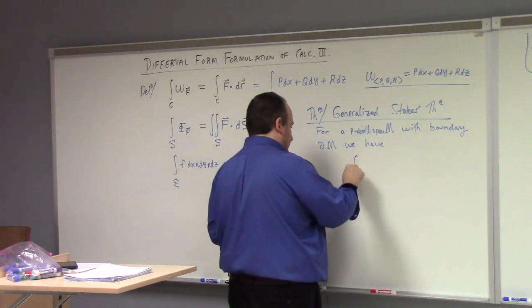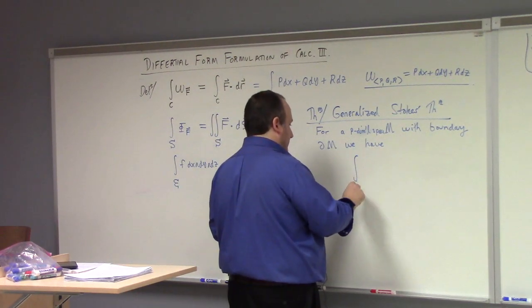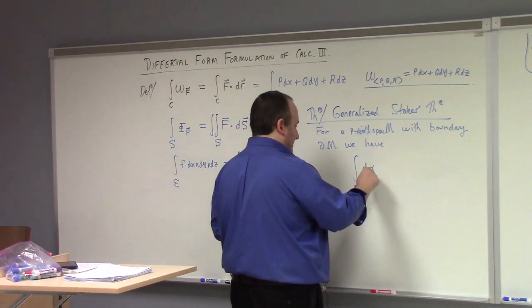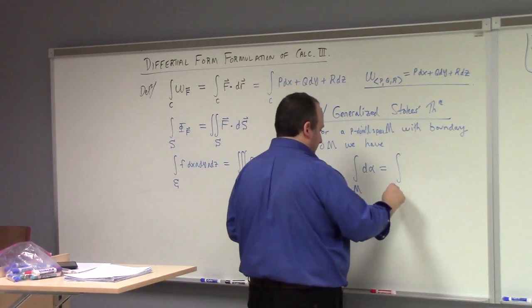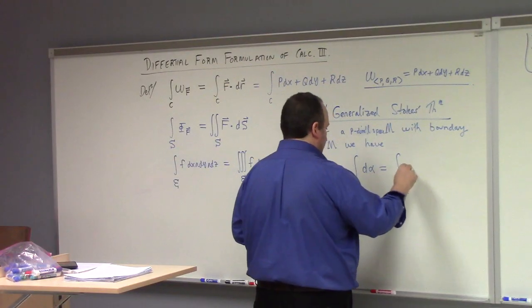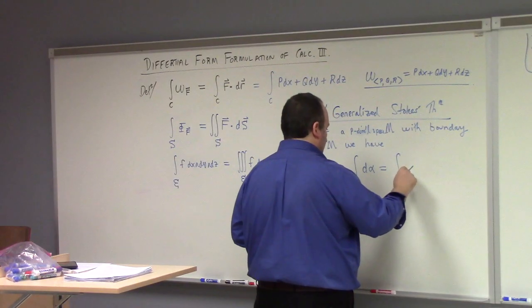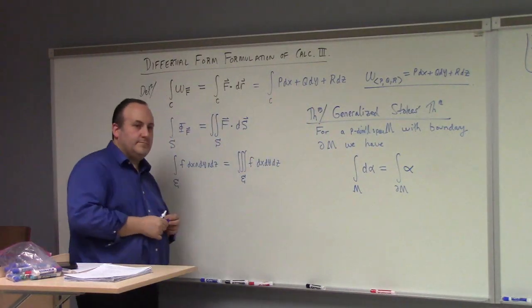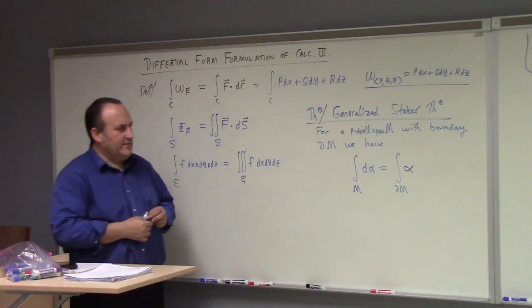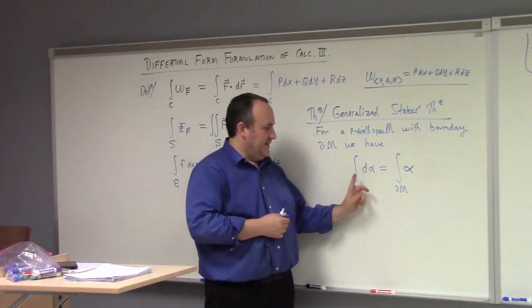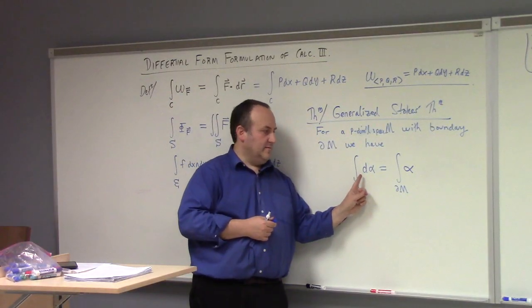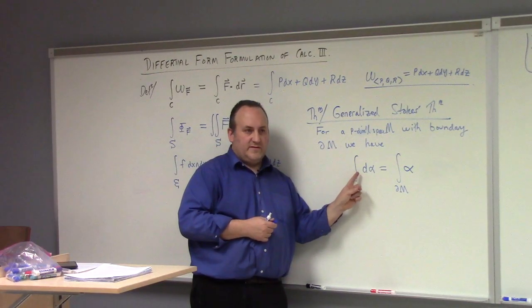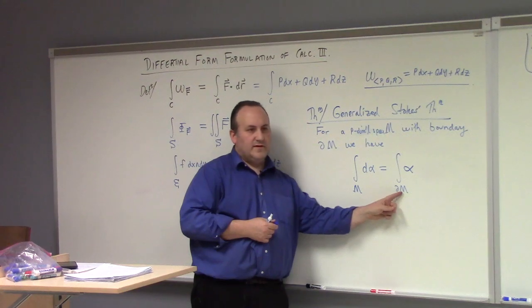we have that the integral over M of d alpha is equal to the integral over the boundary of M of alpha. You can almost think of the generalized Stokes theorem as taking the exterior derivative of the form and transferring it to a derivative of the space.